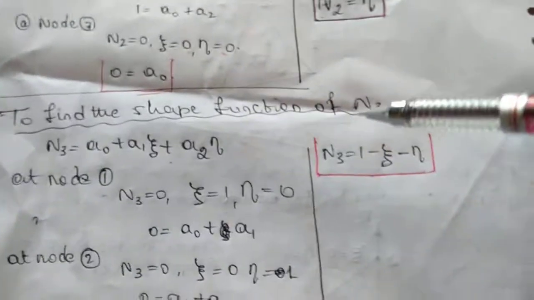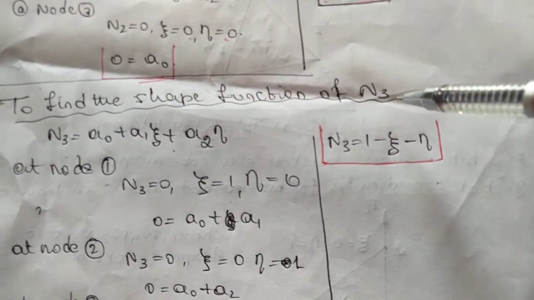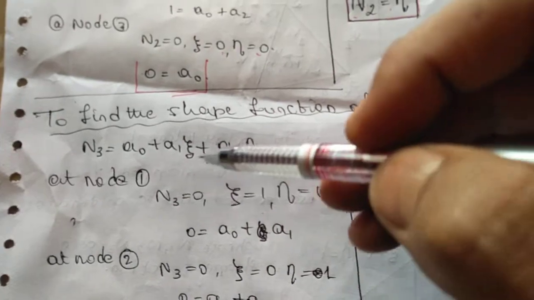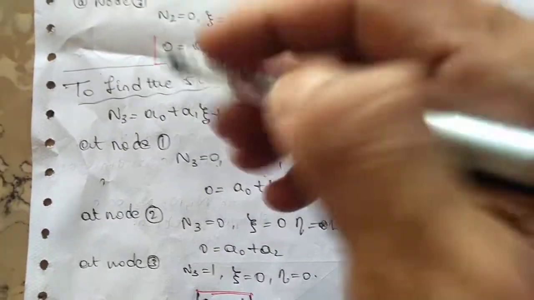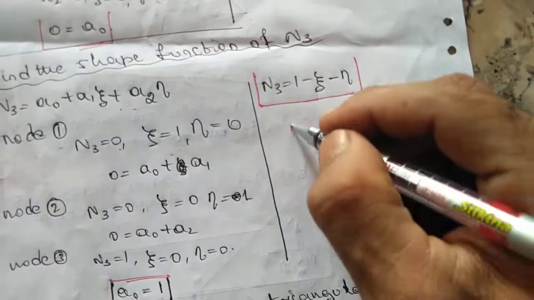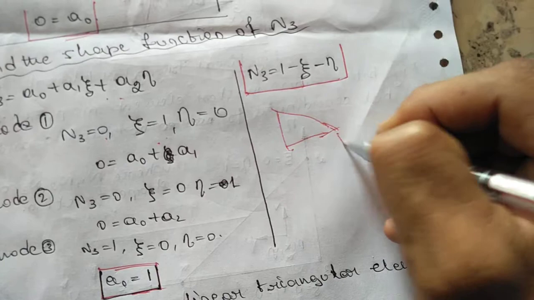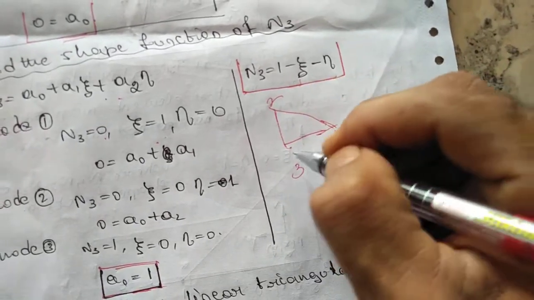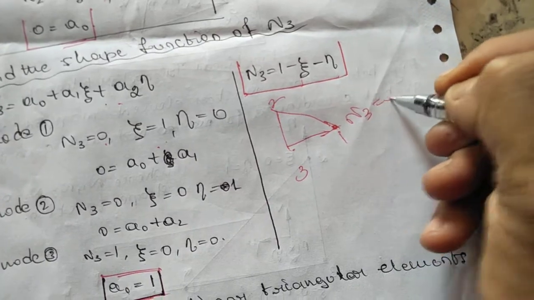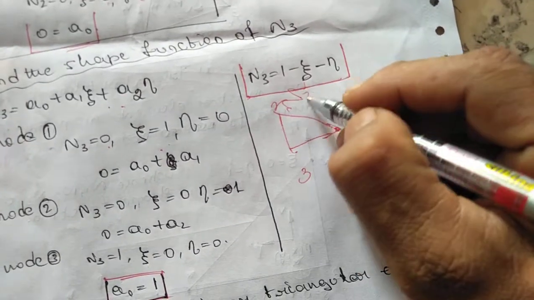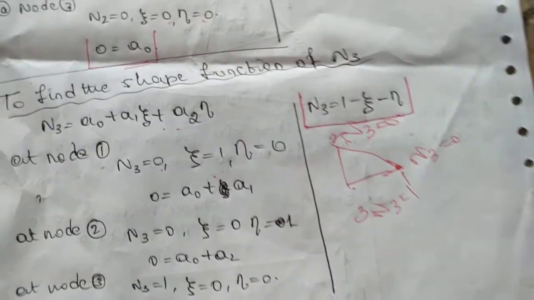And at node 3, the shape function N3, we will get the same equation, same substitutions. At this point N3 is 0, at this point N3 is 0, and at this point N3 is equal to 1.